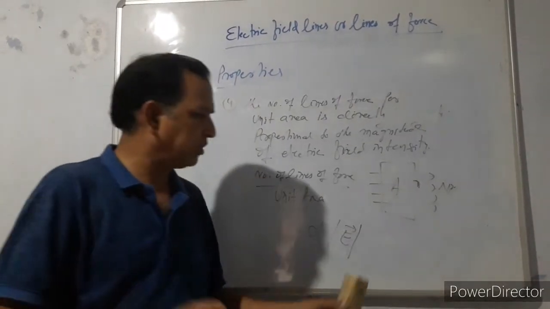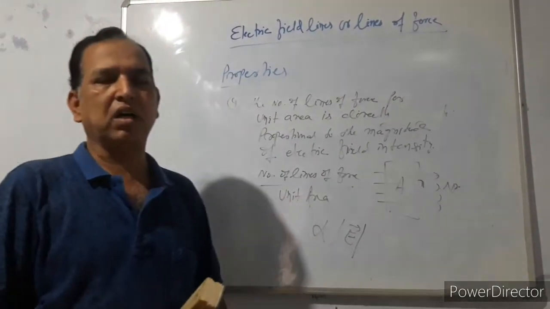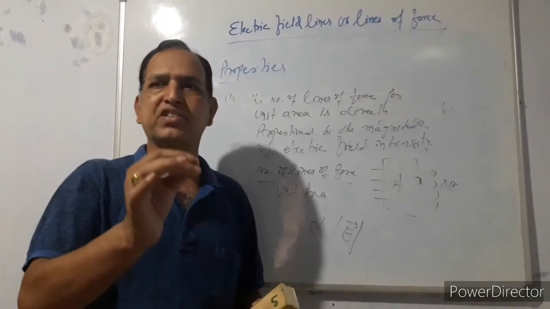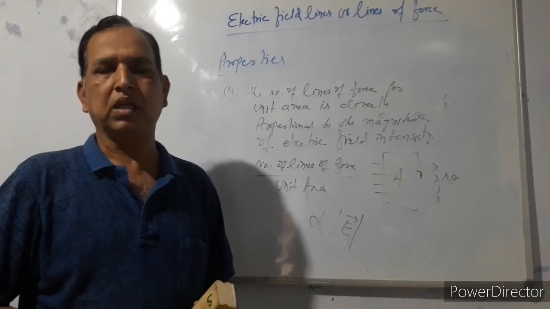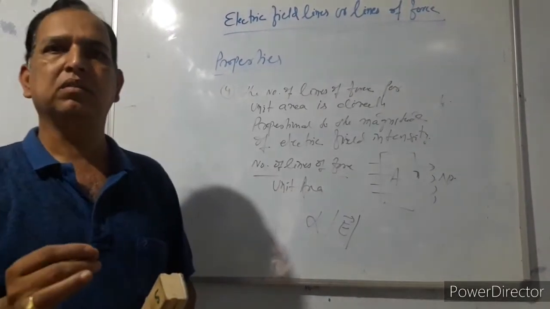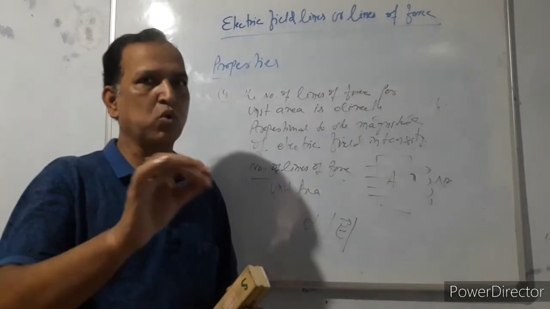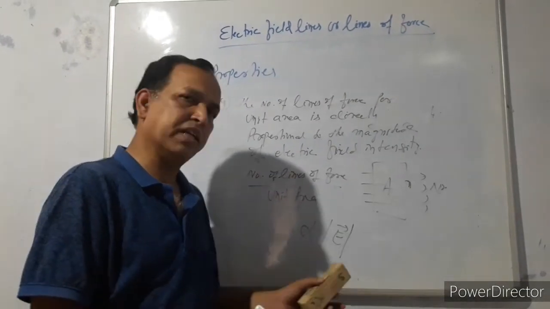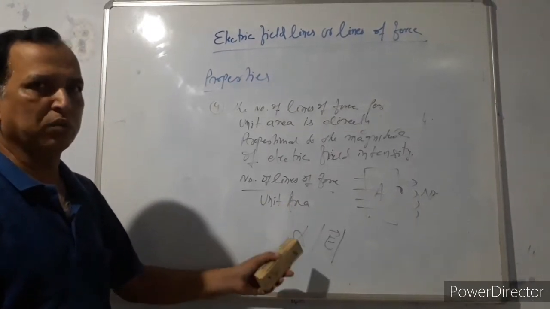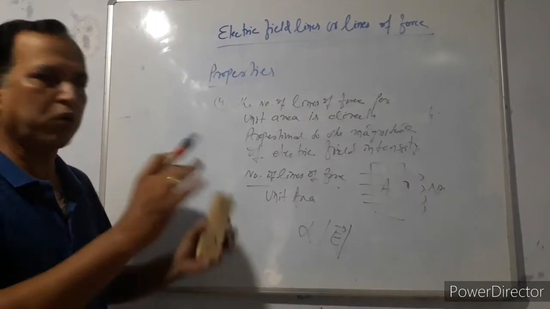So what is the magnitude of the electric field intensity? It is the force per charge, force F by Q, the force experienced by the charge. That is the electric field intensity. So the number of lines of force per unit area is proportional to the magnitude of the electric field intensity. This is the fourth point.